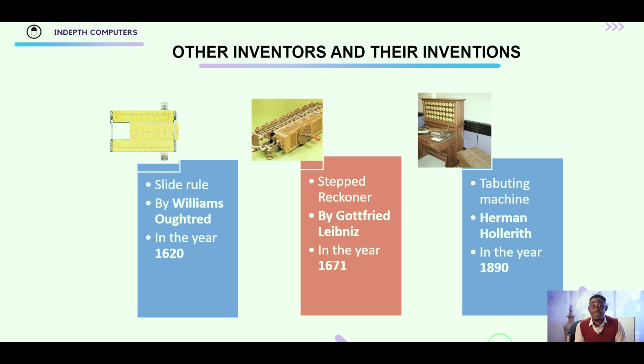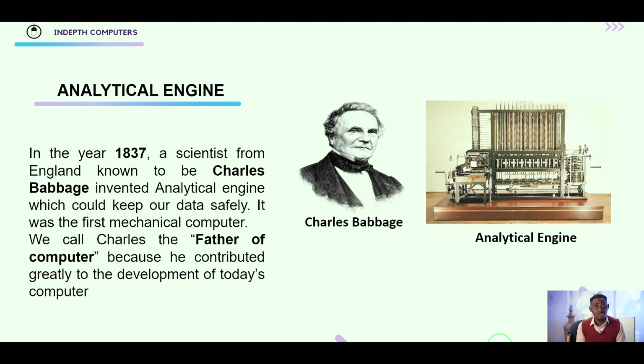You can see that there are different inventions and different people are coming up with different ideas. That is to let you know that today's computer might be another child's toy in a few years to come. So that tells you that technology keeps advancing each and every day.